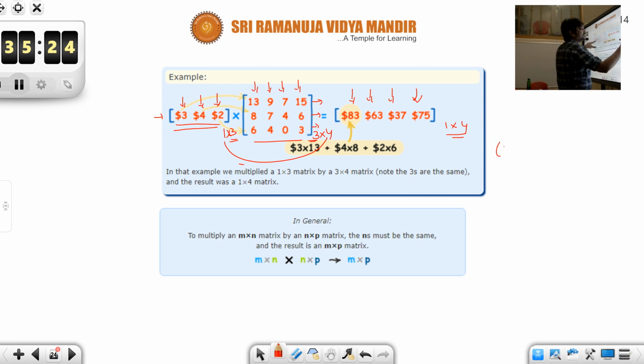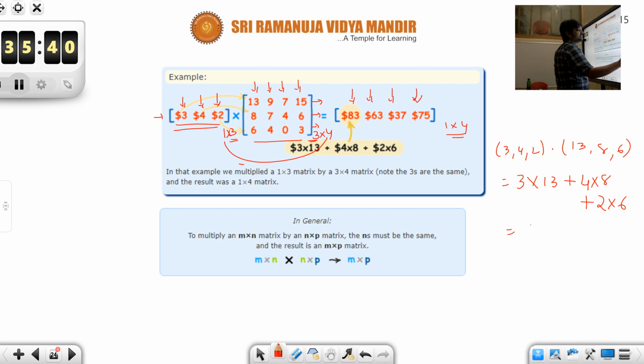The first one will be 3, 4, 2 dot product with 13, 8, 6. How much will you get? 3 times 13 plus 4 times 8 plus 2 times 6. If you simplify, you get 39 plus 32, which is 71, plus 12. This is 83. So you have got this answer, right?